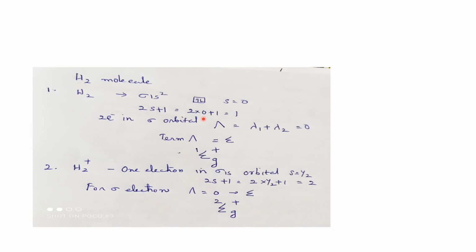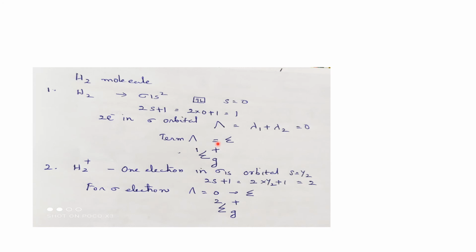Then you have to find out whether it is gerade or ungerade. Since the electron is in the sigma orbital, it is gerade. Then find out the symmetry. Since the last electron enters sigma orbital, the symmetry is positive.